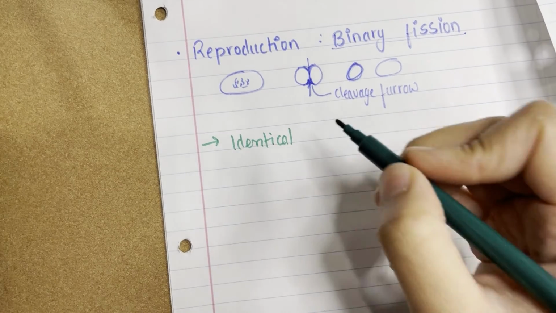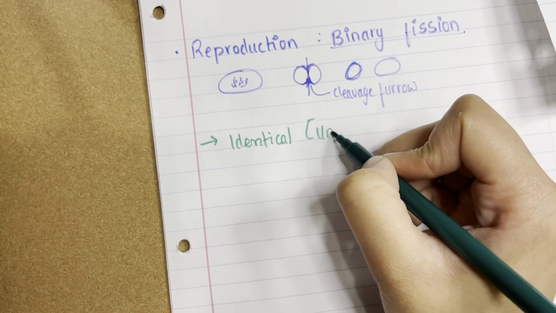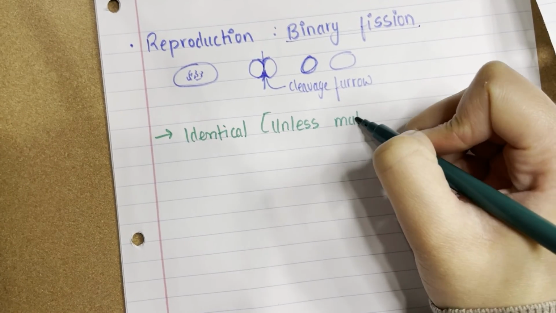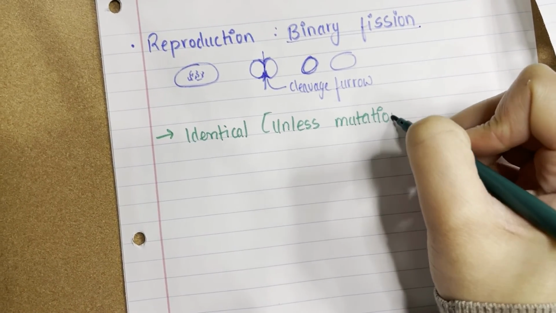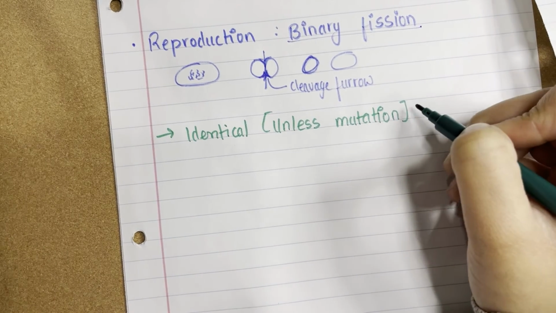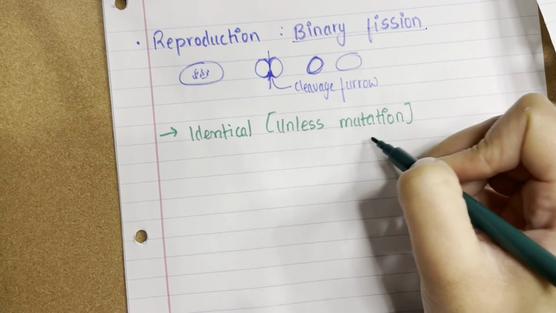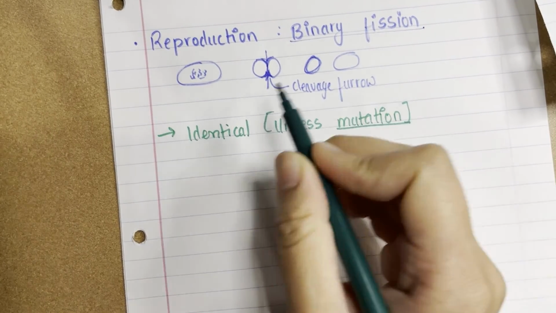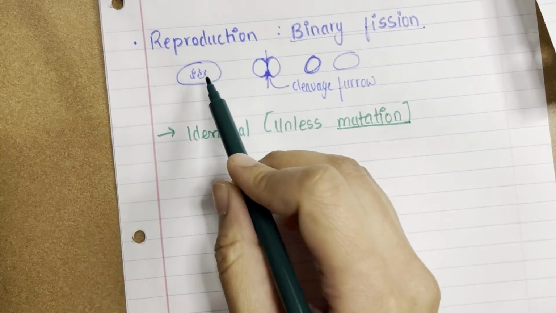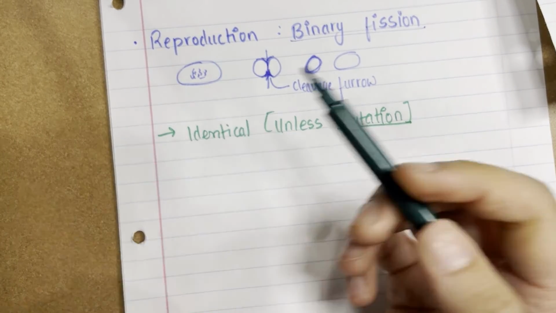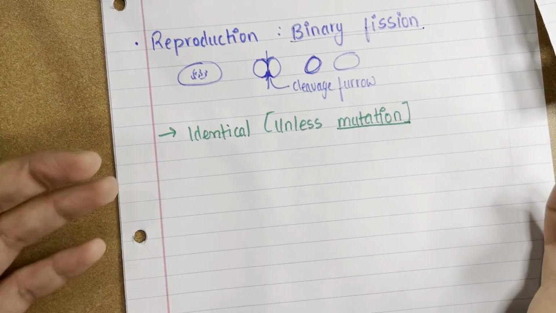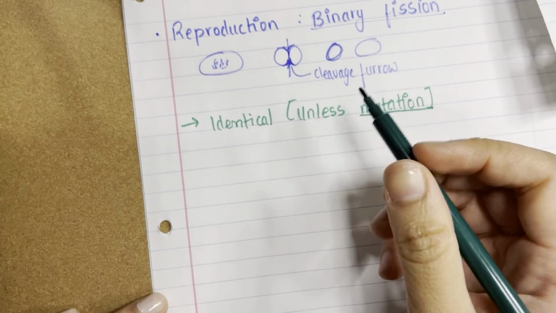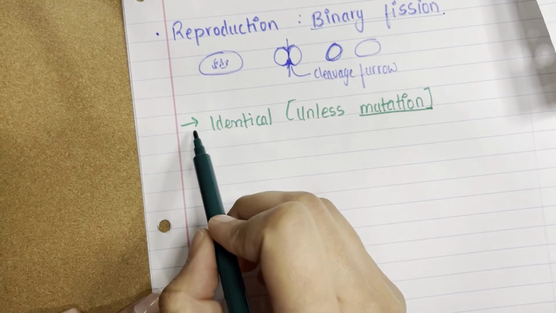They're identical unless, this is the only exception, mutation occurs. If while replicating DNA there is a mutation, then and only then can they be unidentical, or very minutely unidentical. So this is how they reproduce.